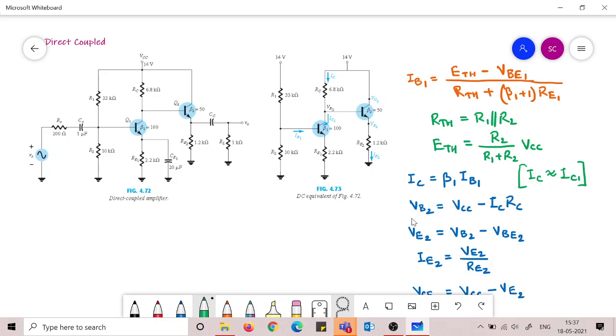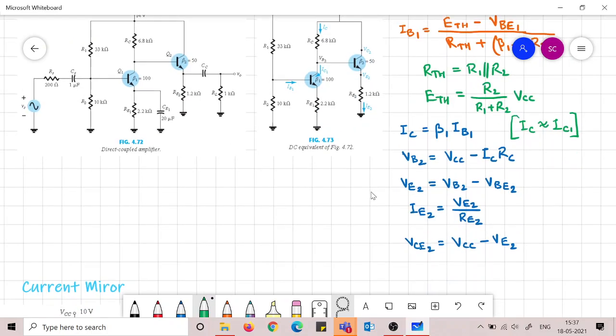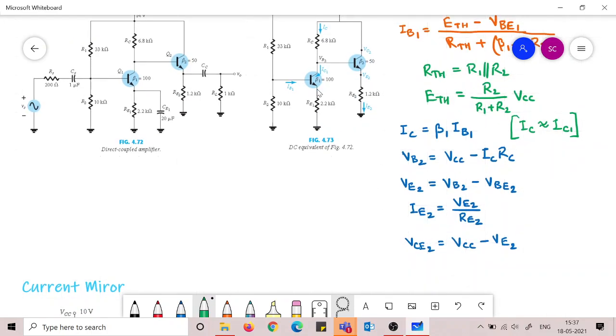Then VB2 we can calculate; that is only the drop we have to subtract from VCC. Then VE2 we can calculate, which is VB2 minus VBE2. This VB2 we have already found, and we subtract VBE2 to get VE2.